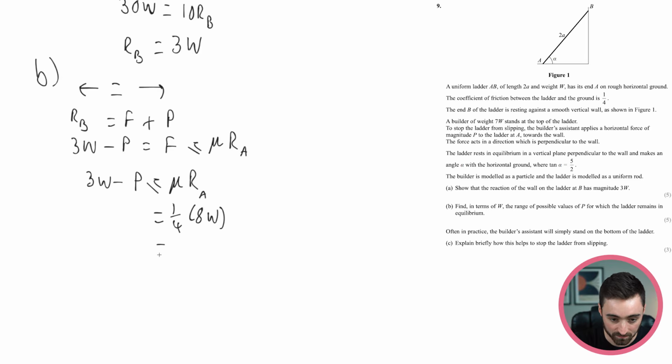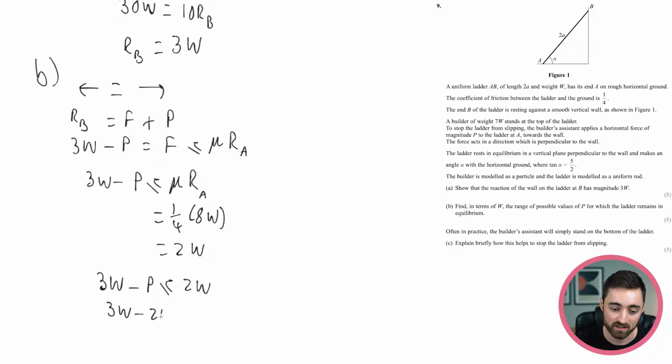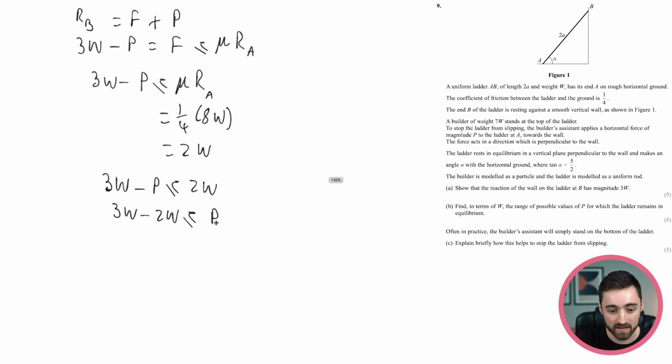This tells me that 3W minus P is less than or equal to 2W. So adding P to both sides, I'm taking 2W from both sides. I get 3W minus 2W is less than or equal to P, meaning that P, in this case, has to be greater than or equal to W. Cool.